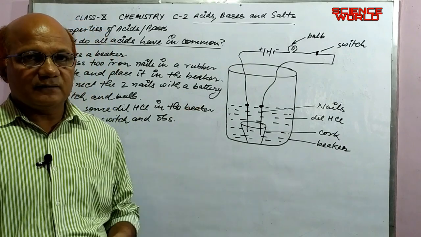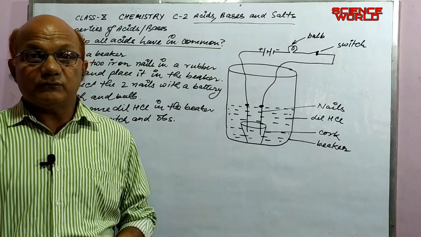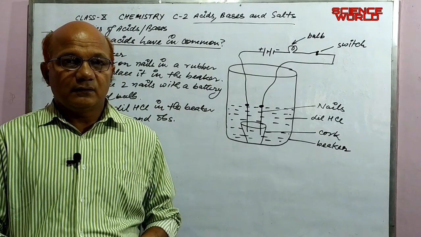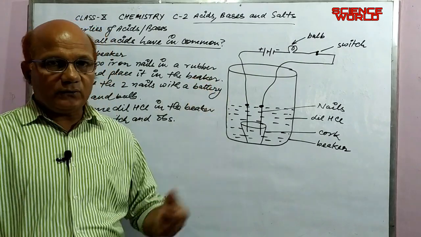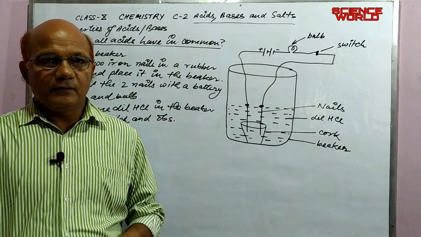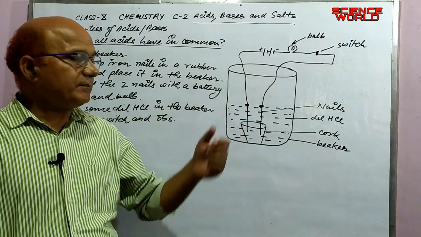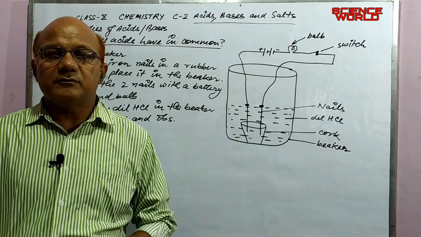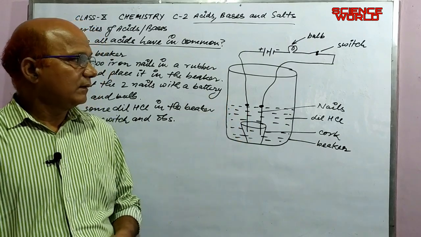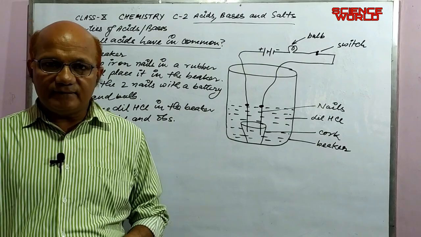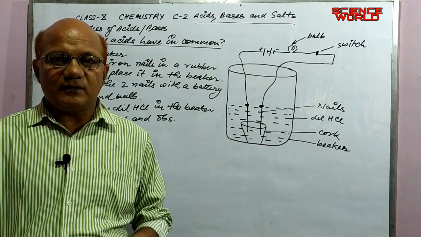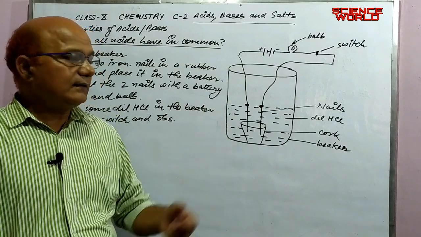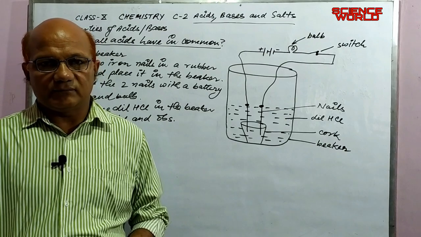It means, in the first case, think that why does the bulb glow? Because in hydrochloric acid, when electric current passes, hydrochloric acid produces hydrogen ions, and due to presence of these hydrogen ions, electric current conducts through the solution.